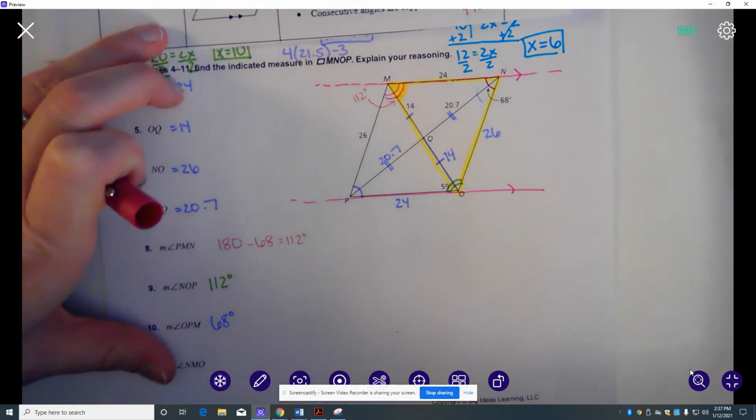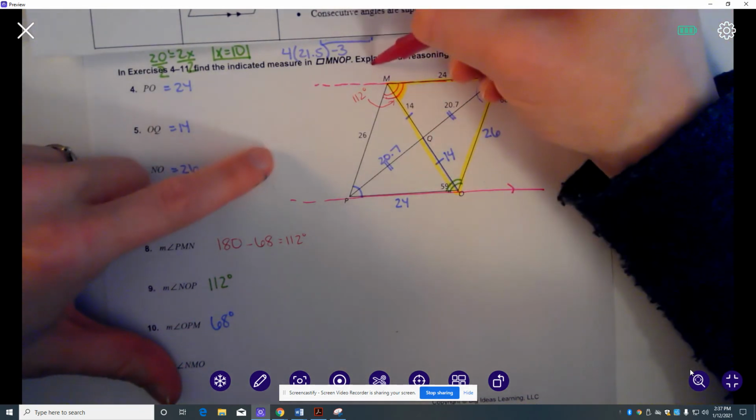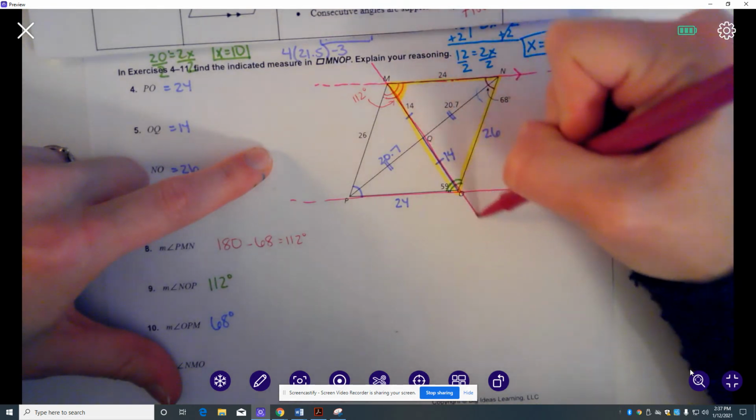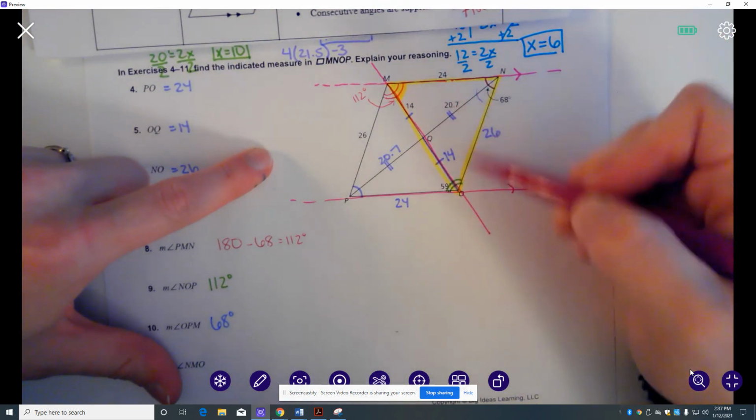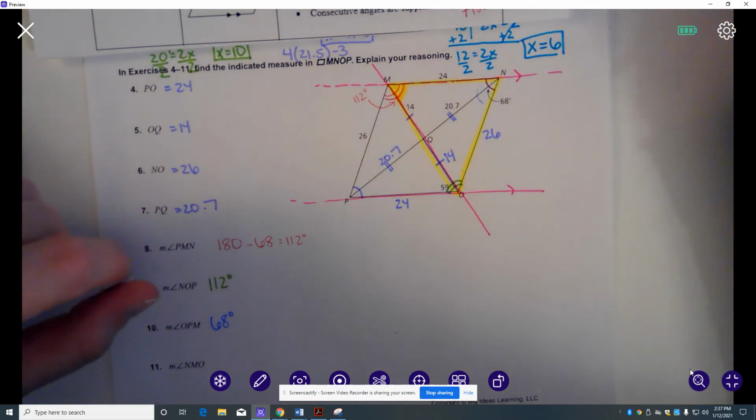Opposite sides are parallel. And this diagonal is a transversal through these parallel lines. In Chapter 3 in the first semester of geometry, we did all kinds of work with special angles created by parallel lines and a transversal.